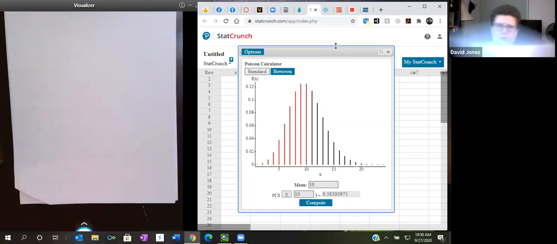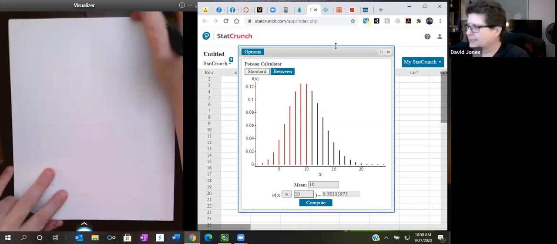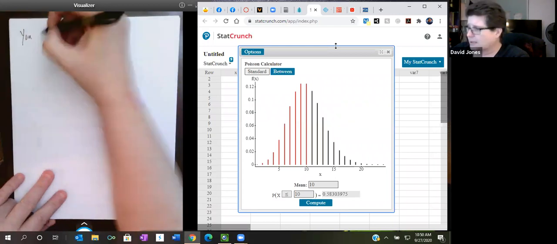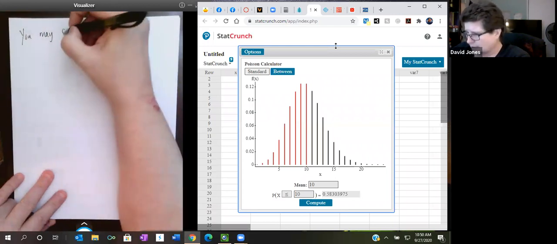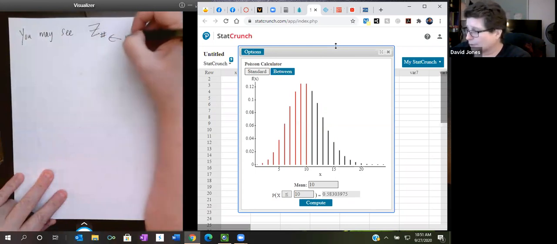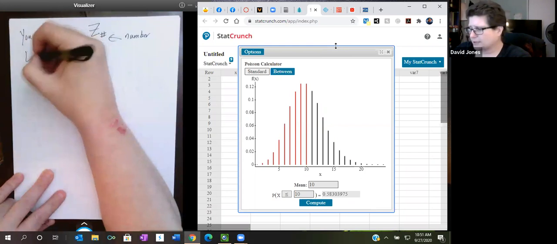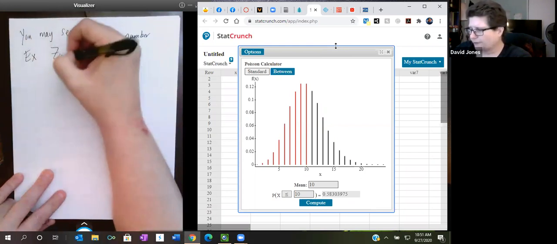Some other things you'll note, some common terminology. You may see Z with a number as a subscript, for example, Z 1.5.